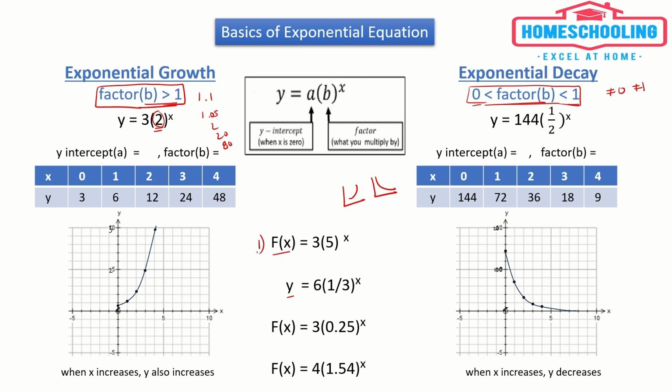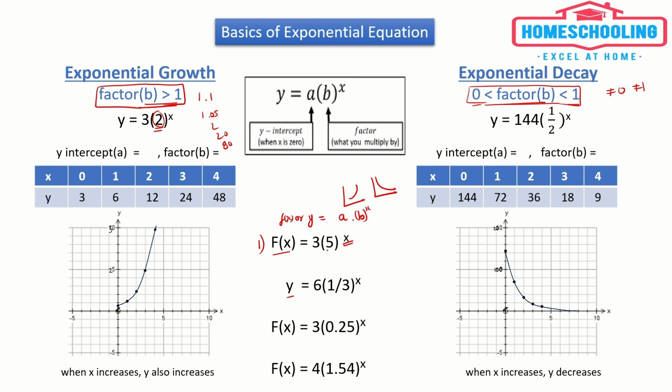So in example number 1, f(x) is 3 times 5 to the power x. As we can see, the exponent is a variable, so it will have an exponential graph. Now let's find out whether it's going to have an exponential growth graph or an exponential decay graph. As we know, f(x) or y is equal to a times b to the power x.